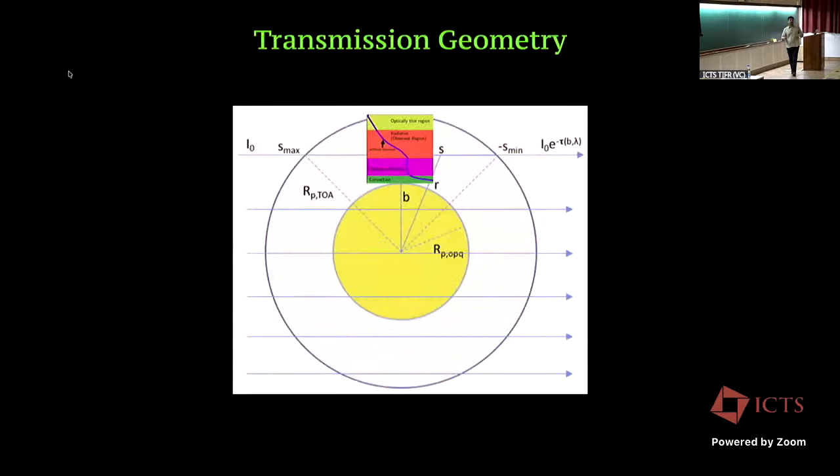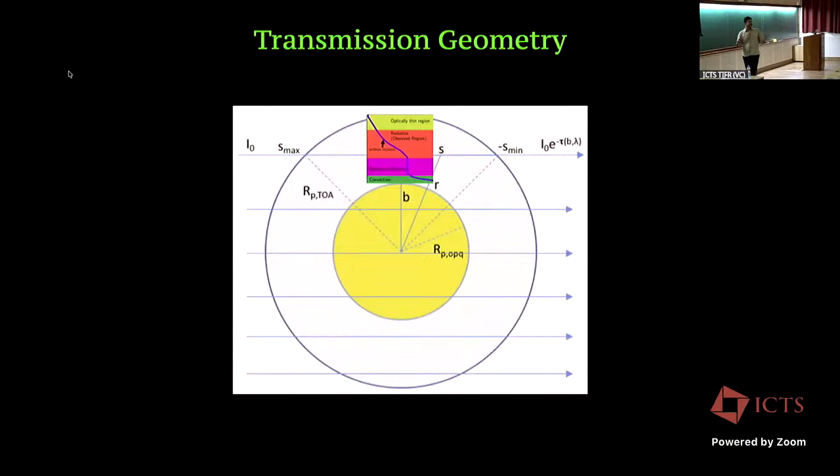When I was showing the transmission spectrum, this is the geometry that the incident radiation travels. Suppose this is your star here, and I0 is the radiation that is coming from the limb. Imagine the diagram I was showing earlier, and this is how it gets out of the planet's atmosphere.